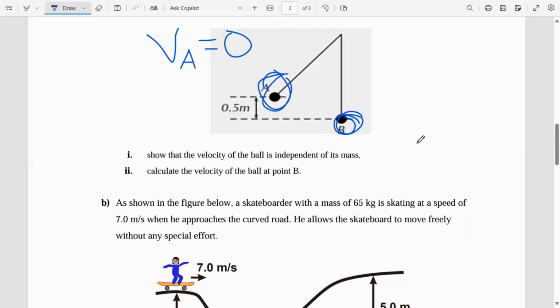So we have gravitational potential energy and kinetic energy, as on this diagram. Those are the two we're going to focus on. Since mechanical energy is conserved, mechanical energy at the initial point should be equal to mechanical energy at the final point.